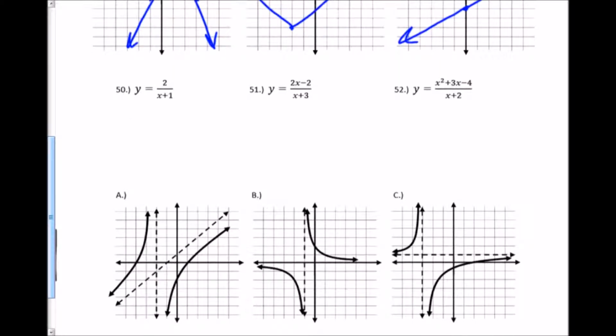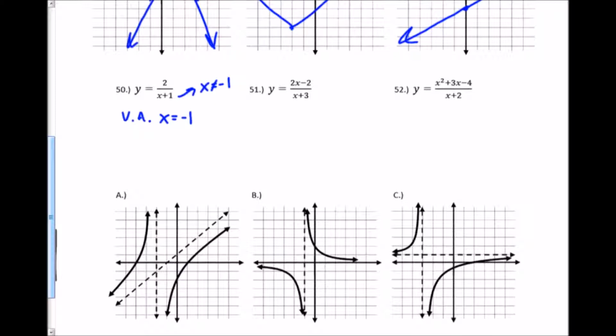For these, when we're looking at each of these things, we know that these are rational functions. This one is going to have a vertical asymptote at x equals negative 1. And I know that because I get a restriction of x cannot equal negative 1 in my denominator, and it's a restriction that doesn't cancel out.